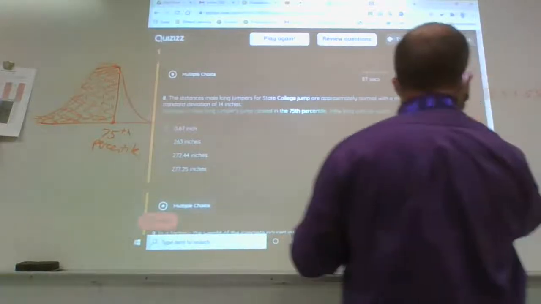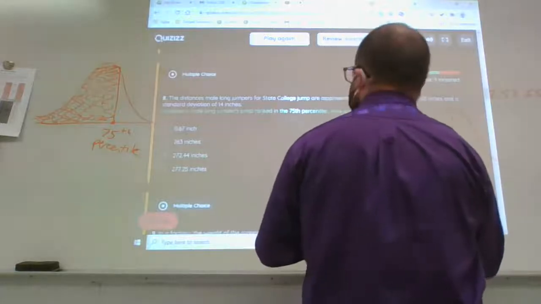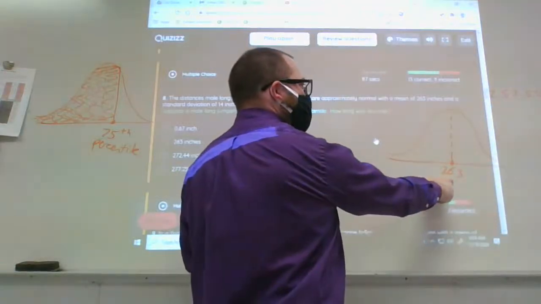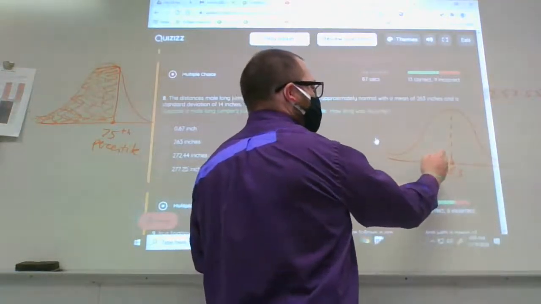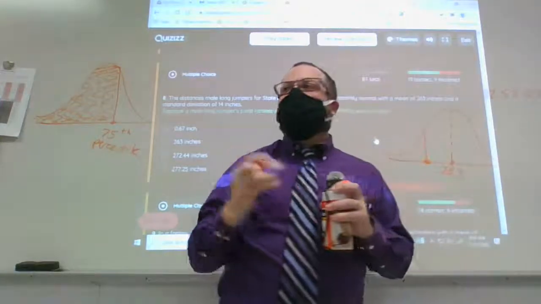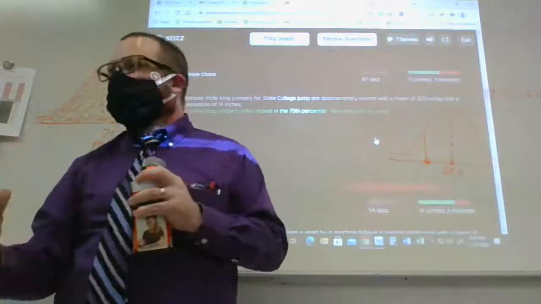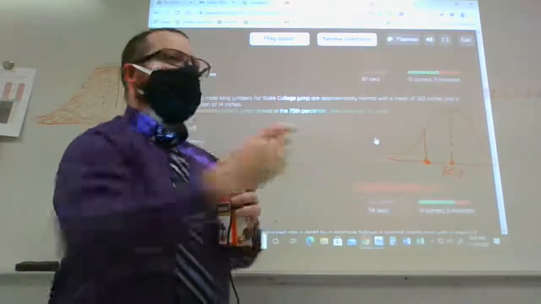253.55? Cool. Now look at this. The mean is 263. Look where the mean is. 253 would be about right here. What does that inverse norm calculation actually do at the moment? How did it get that number?